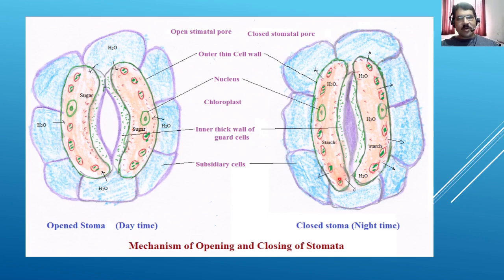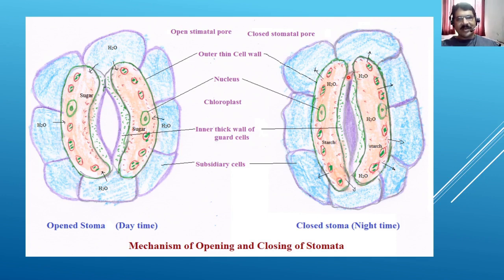As we know, starch is osmotically inactive, it cannot be soluble in water, so there will be a decrease in osmotic pressure of guard cells, and by the process of exosmosis the cells lose water, and this water which was absorbed by endosmosis during daytime goes back into the surrounding cells, and due to that the turgidity of the cell decreases, and the guard cells become flaccid.